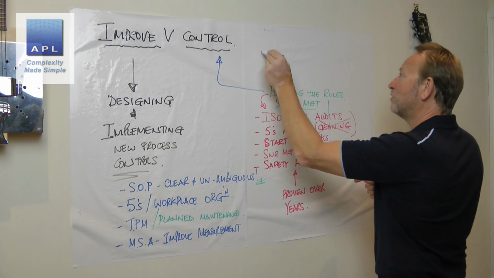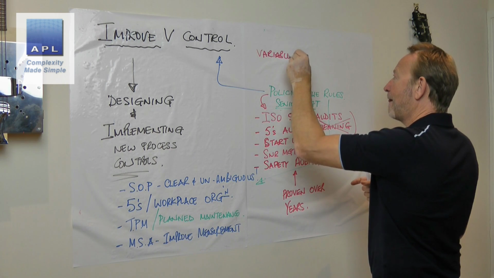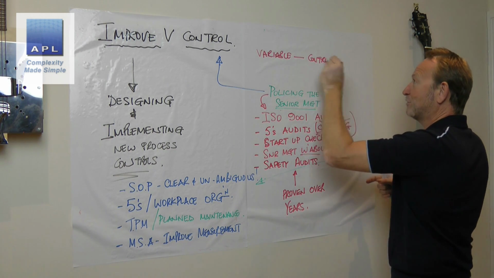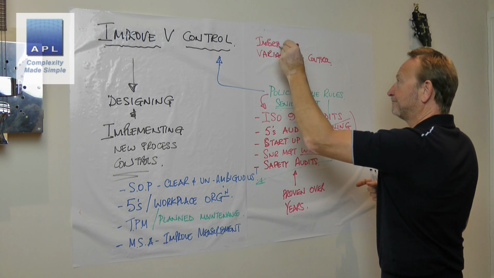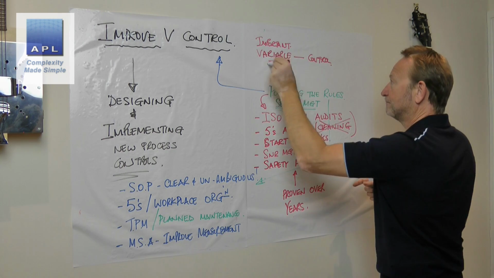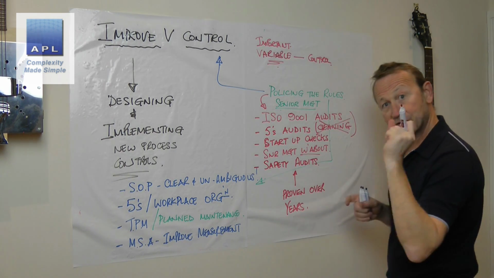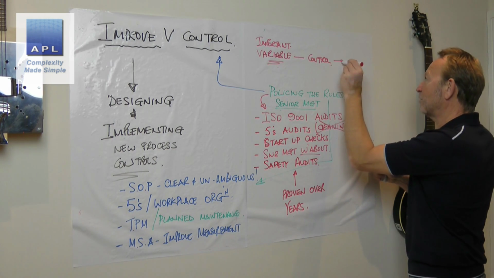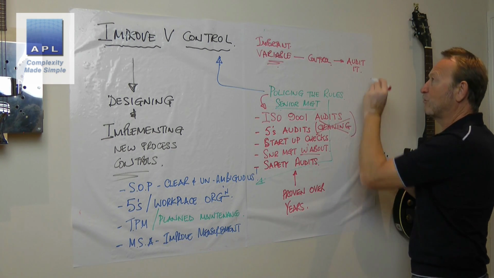And if you go, I've got a variable that's important, so let's put it like this. I've got an important variable. I'm therefore going to put a control in place to keep it stable, because that's what process control is. And then what I'll do, I'll audit it.